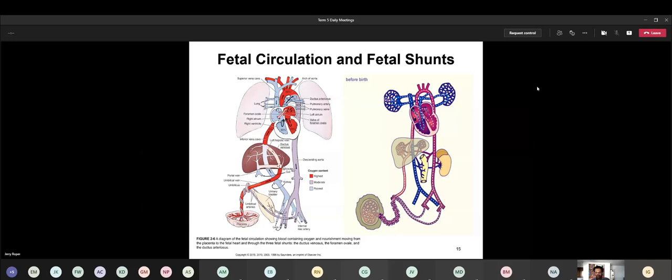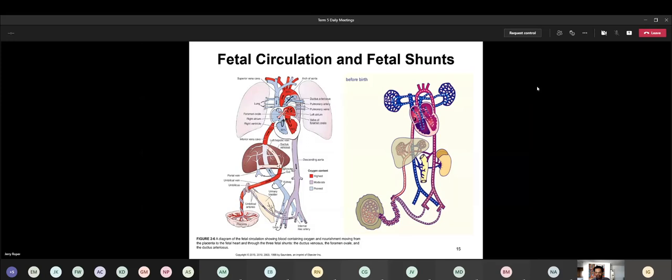And of course, the ductus venosus is going to allow it to bypass, but notice that some of that blood is still going to go to the liver. As it does, it's like here's where we split up. Some of us are going to go past the liver and jump into the inferior vena cava, and the rest of us are going to go this way and end up going into the liver.